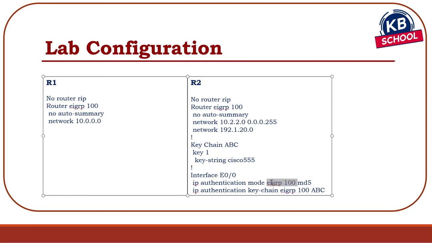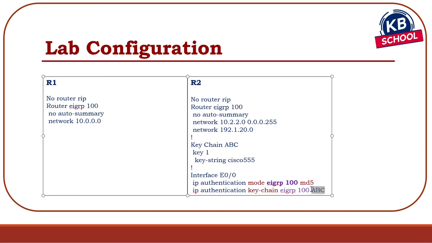Let's do this first. Highlight it so you guys can see it when you're looking at your notes. Mode goes with this one, and the keychain gets applied over here.